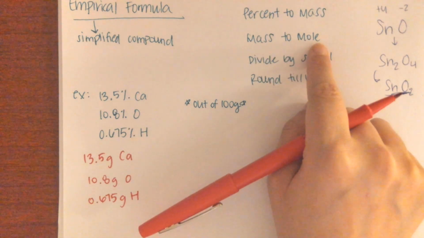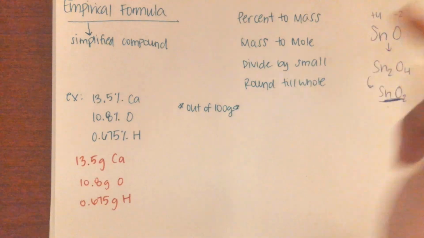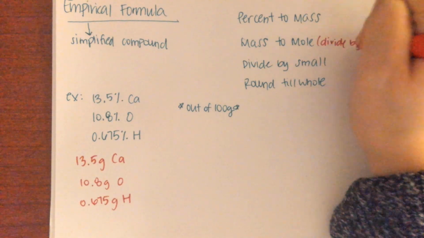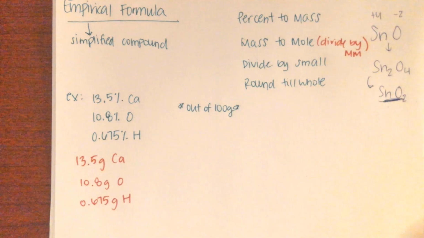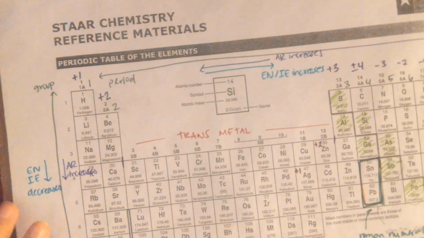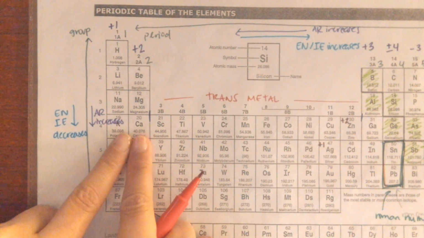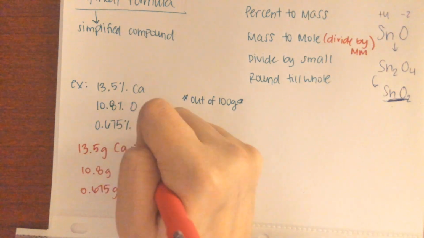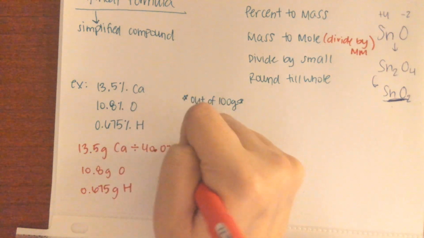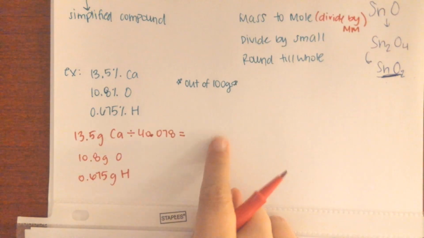Now, mass to mole. How do we do this step? We simply just divide by the molar mass. So MM, molar mass. So where do we find the molar mass again? From the periodic table. So calcium, we divide our number by 40.078. We should get a number. We'll get back to this.